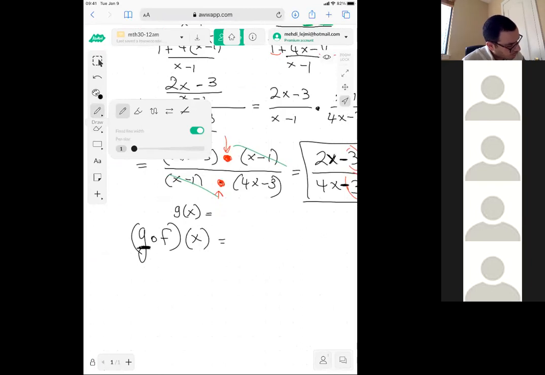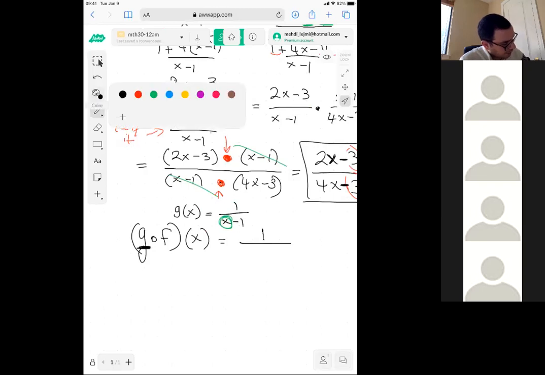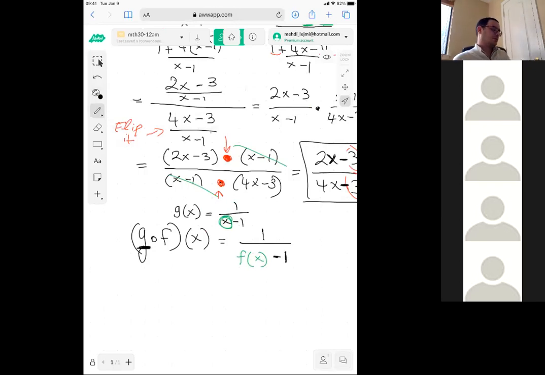I have this x here in g, so I need to replace that x with f. So it's going to be 1 over f of x, and then there's a minus 1. Then g composed with f of x is 1 over, so f.